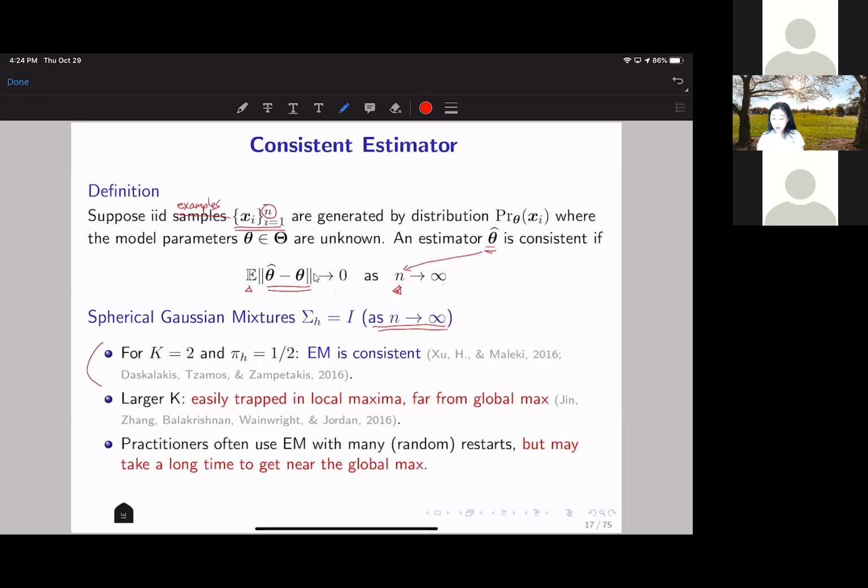So the mixing weight is uniform: with half probability you're from group 1 and half probability from group 2. We have only 2 groups. Under the spherical Gaussian mixture, for both subpopulations the covariance matrix is just identity. If that's the case, EM will be proven to be consistent.